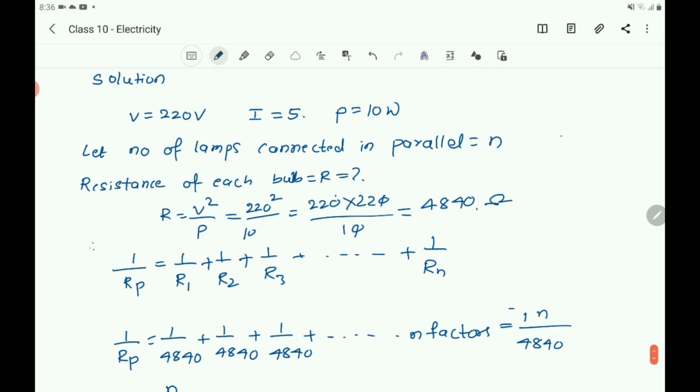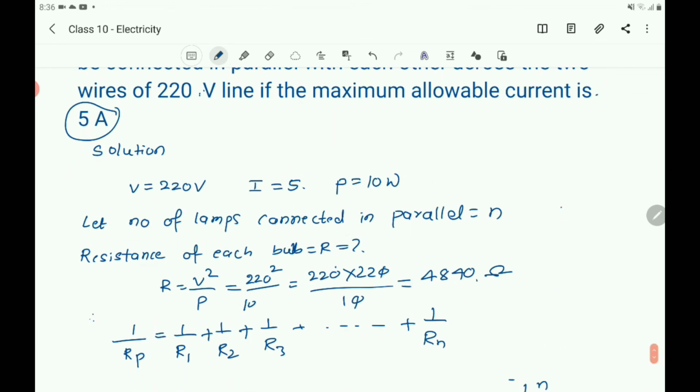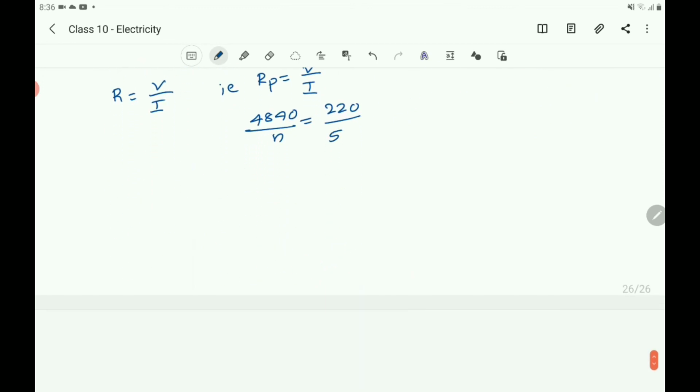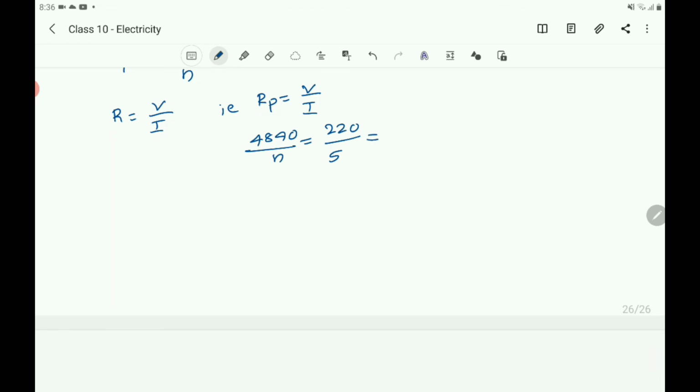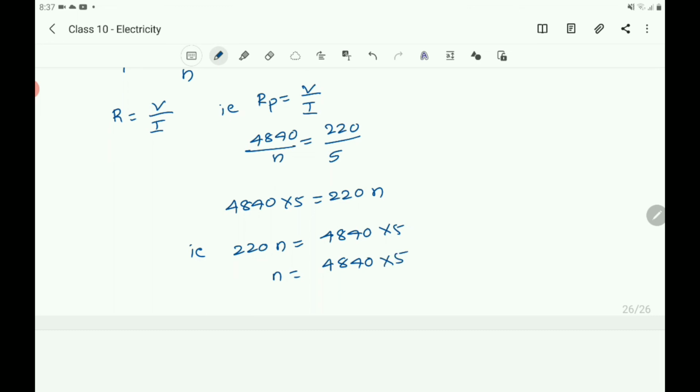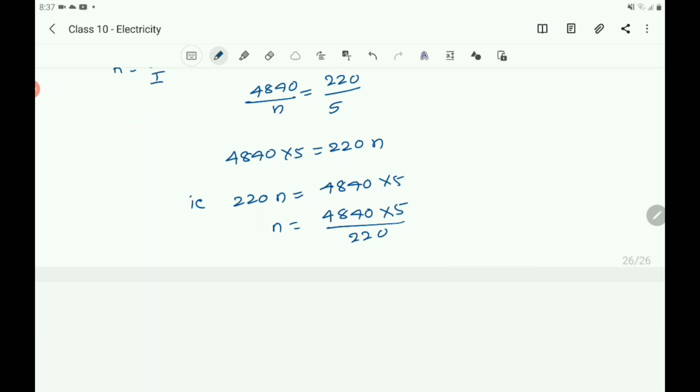Here we have to solve for n by cross multiplication. 4840 into 5 equals 220 n, that is 220 n equals 4840 into 5. Therefore n equals 4840 into 5 by 220.